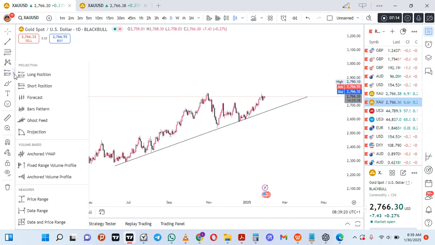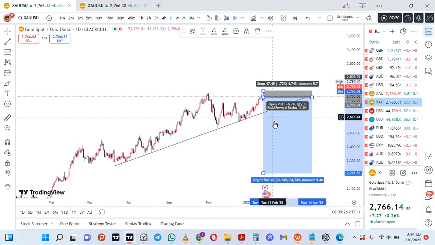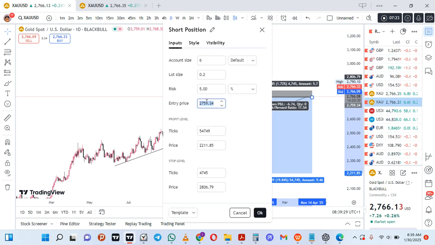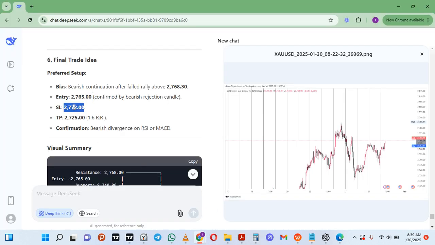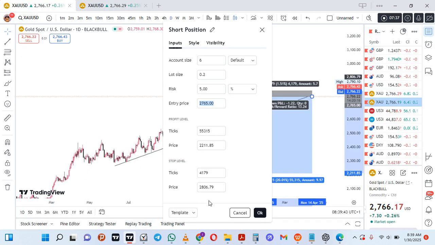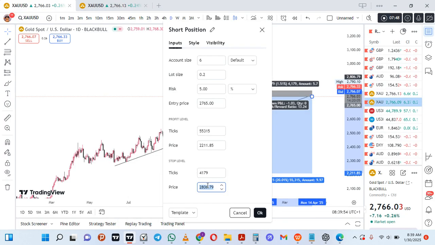So let's look at our order. Let's put some in there. Let's do short. Sorry, 2765, 2765. Then our companion says this is where our stop loss should be. Let's assume it's correct. 2772. Wow, that's a lot, man.